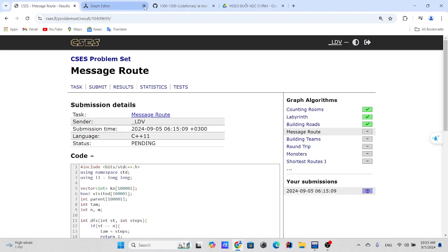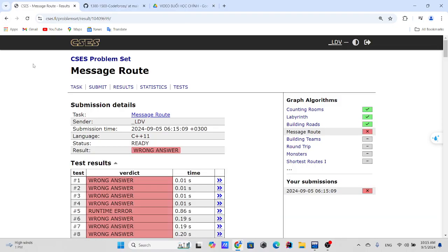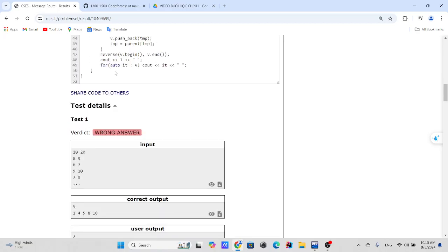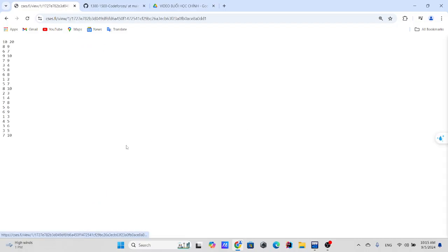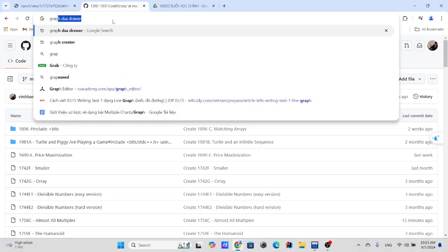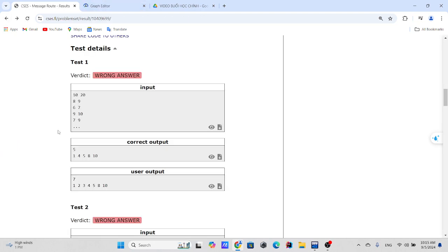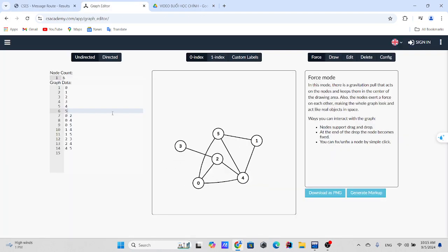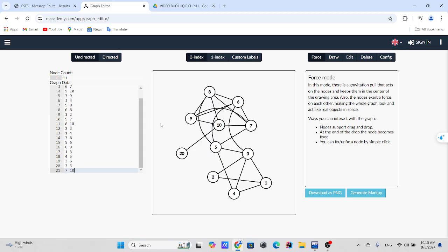Let's see. Huh? Shit. 4, 5, 8, 10. Oh shit.